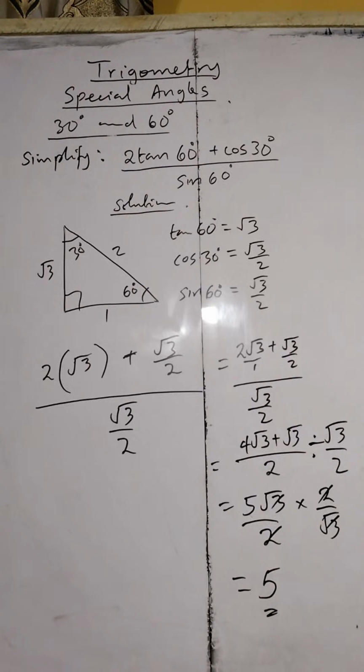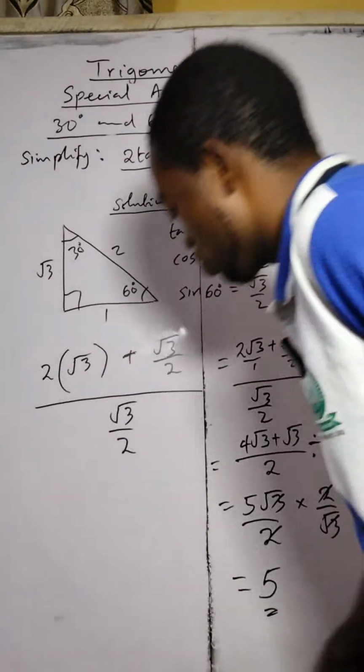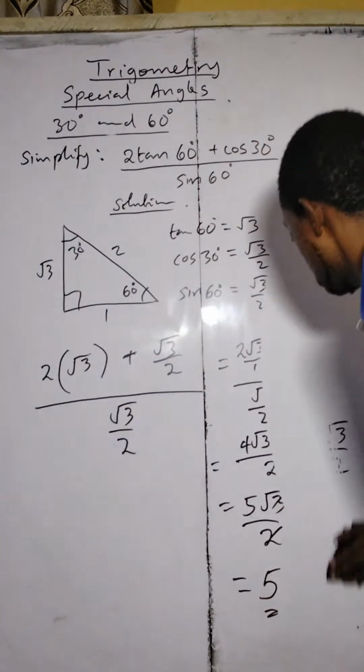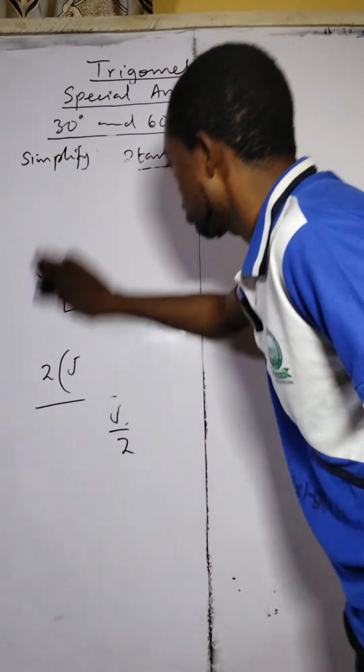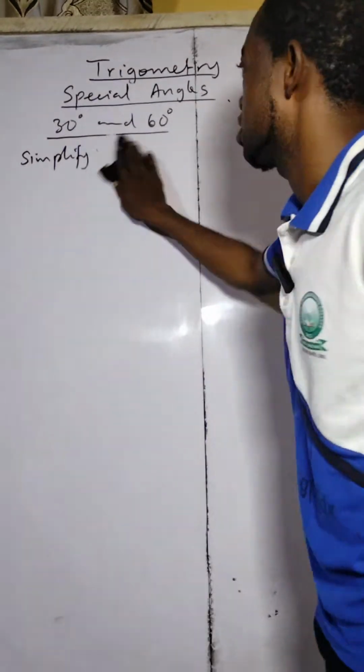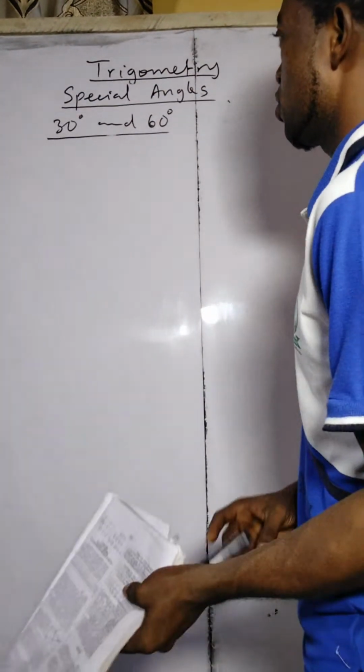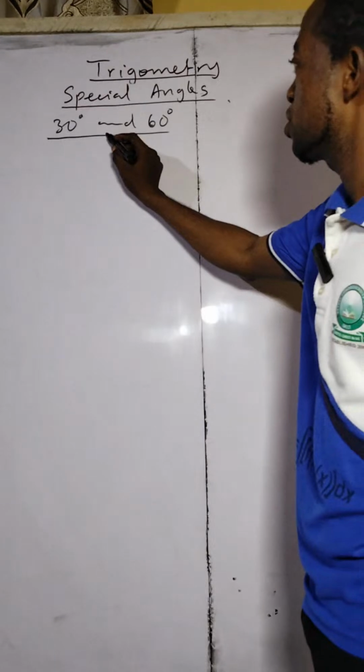Now, there's still another special angle of 45 degrees, and let's look at how that is derived before we round up in this class. So, we have an isosceles right angle triangle with equal sides of 1 unit.